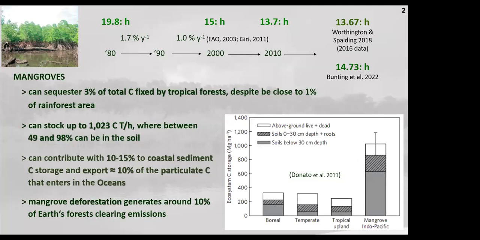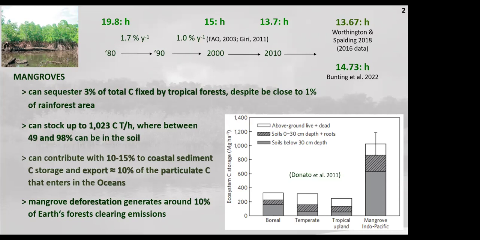Unfortunately, mangrove forests have been decreasing in their extension over the last decades. From the 1980s to the 2020s, in spite of the fact that the clearing rate has decreased, mangroves are still being suppressed by several human activities and for several different reasons.